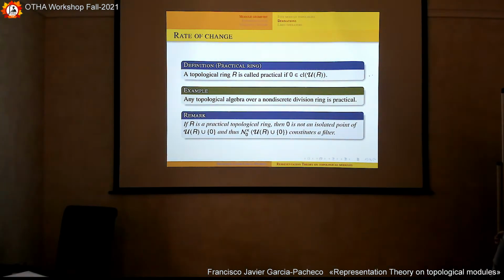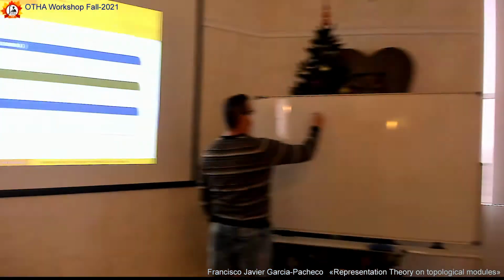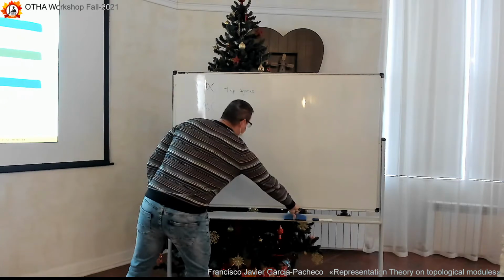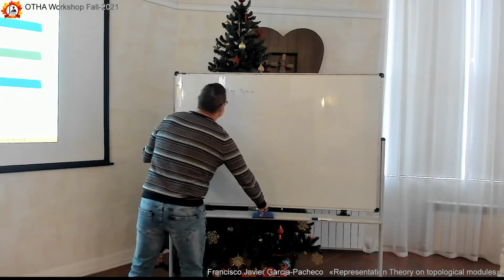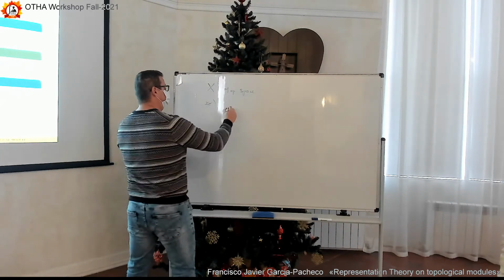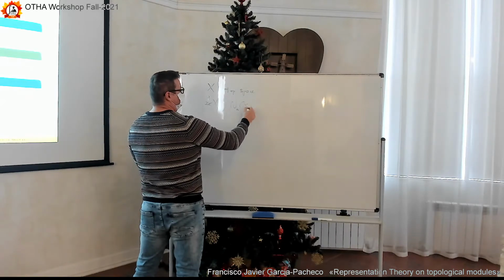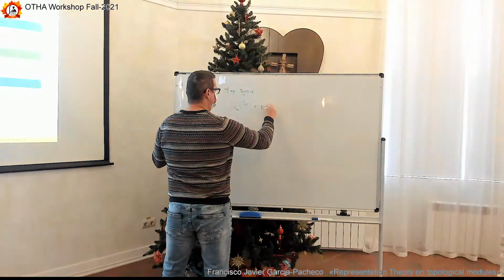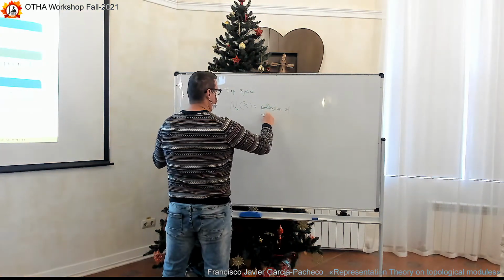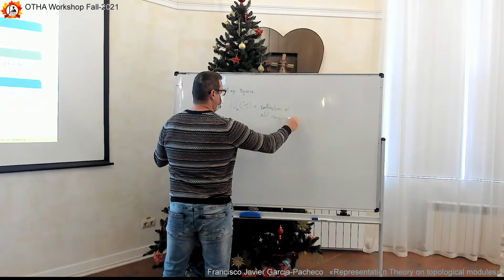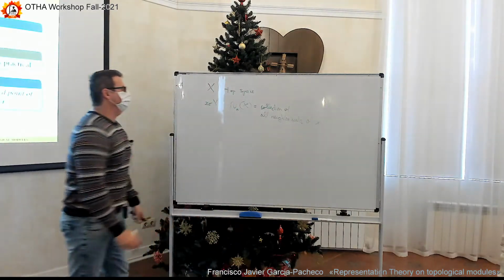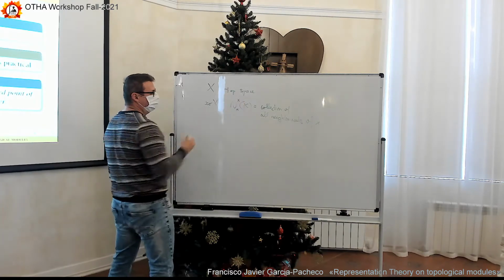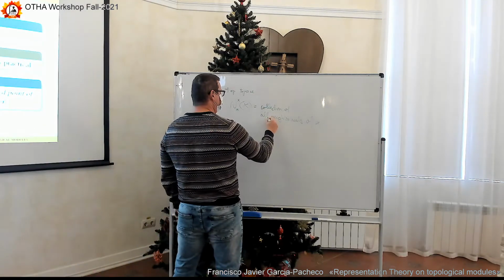So the collection of all reduced neighborhoods of 0, in this notation, means: if X is a topological space and x belongs to X, then N_x(X) is the collection of all neighborhoods of x, and if we write a subscript times here, then it means the collection of all reduced neighborhoods.